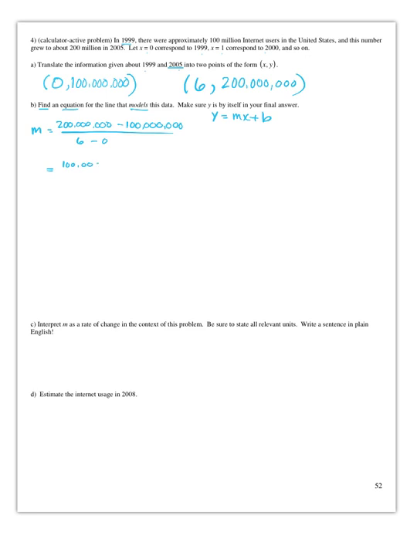So we have 100 million over 6. This fraction can be simplified to be 50 million over 3. Or we can do the division. We get 16,666,667 rounded.